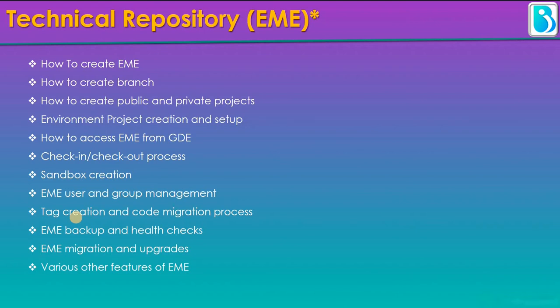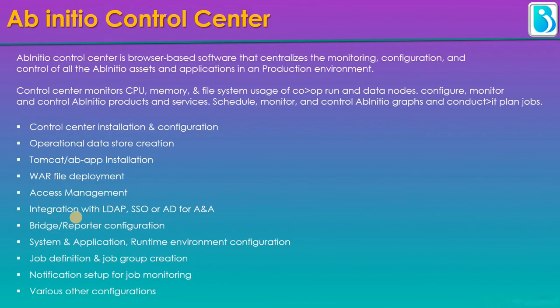And how do we upgrade from one version to another version? What are the steps required? And various other features of EME, like EME triggers and data lineage from EME. How do we modify the projects? How do we remove the projects? These tasks will be handled by Ab Initio administrators. All those topics will be covered as part of this course.